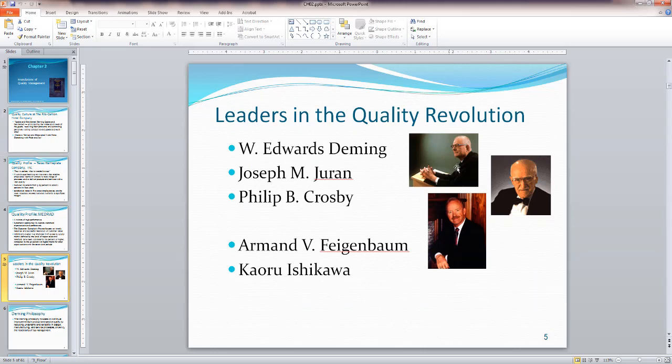Here's W. Edwards Deming. This is the father of quality management, total quality management. You read his 14 points in the textbook. He took his philosophy to post-war Japan in 1946 or 47, I believe. And he basically created the Japanese industry.